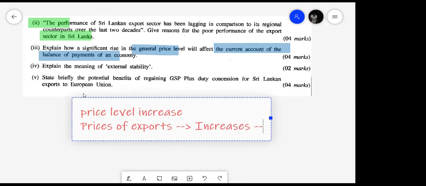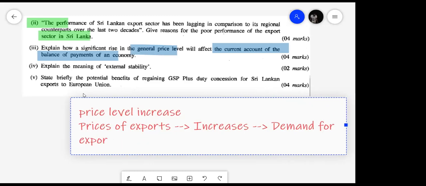So when your price of exports is high, what happens to your demand for exports? Demand for exports decreases, right? Or in other words, you can say your export competitiveness falls because why? Your country is more expensive, right?